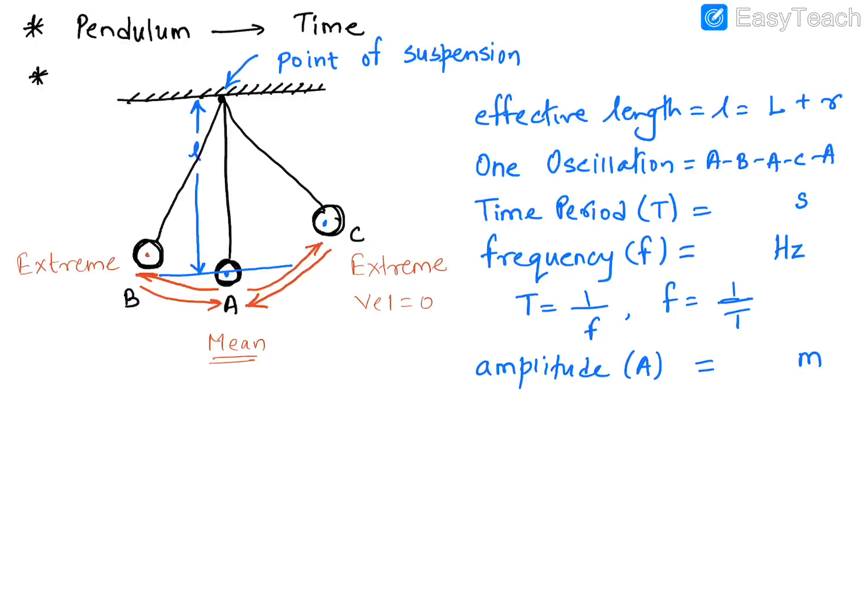Now, next we'll discuss the factors which can affect the time period. There are two factors which will not affect the time period. I'll repeat once again, guys: right now we are discussing the factors which will not affect the time period.